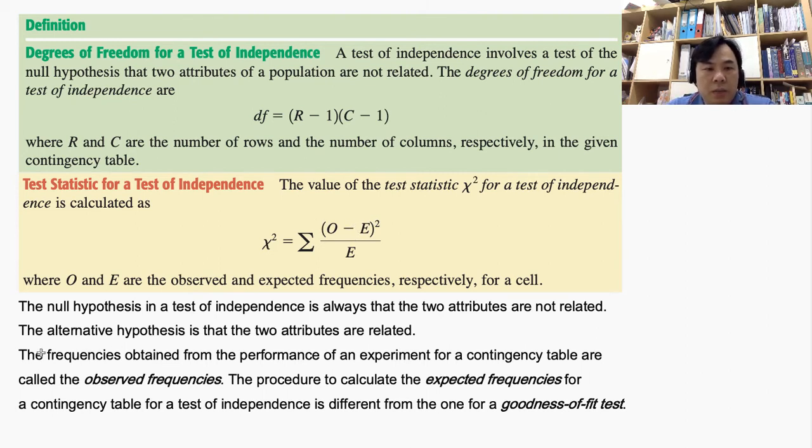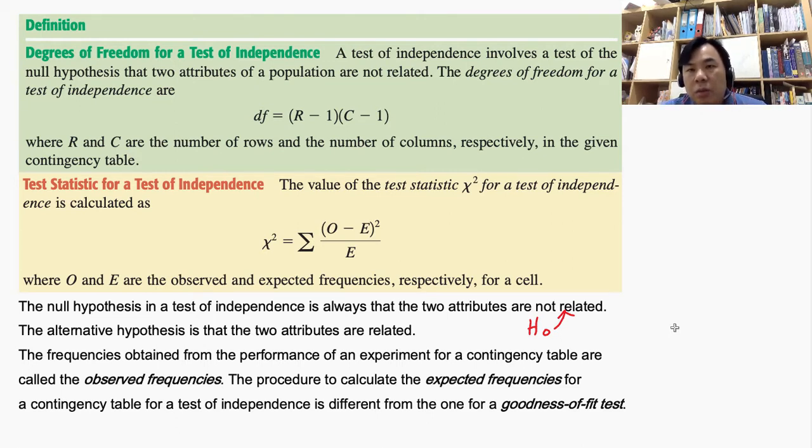Now the remarks down here, we can read that through. Now the null hypothesis in a test of independence is always that the two attributes are not related. So we should mention that for the null hypothesis, the first part is the null hypothesis. So the null hypothesis should always state that the two variables or the two attributes are independent.